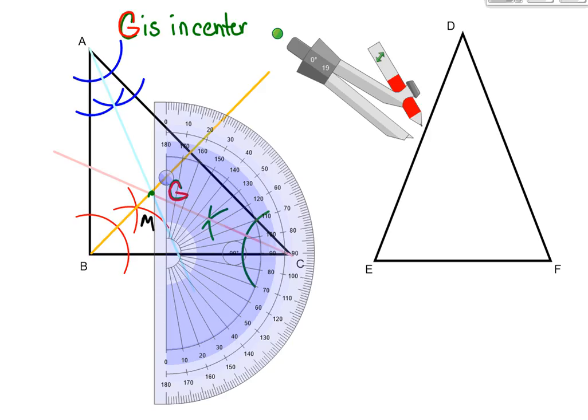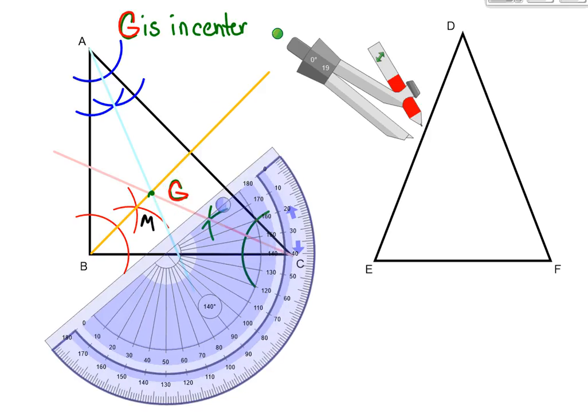There's no point right there that you're finding. You're just measuring from there to there and seeing what that distance is. What is it? About 1.8. So that's about 1.8.